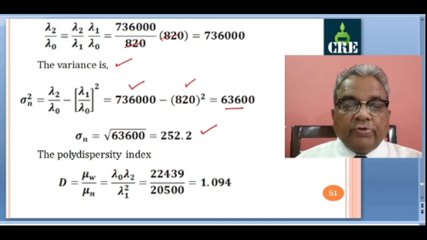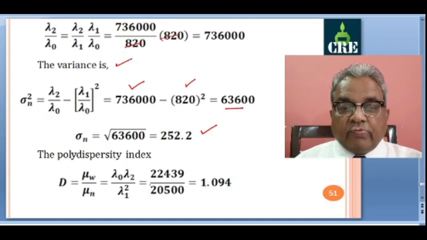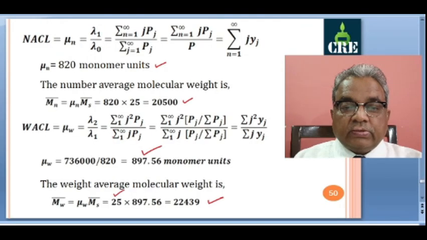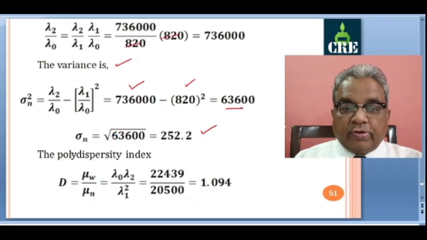The polydispersity index D, we know, is the ratio of mu w by mu n, which is lambda 0 into lambda 2 by lambda 1 square, as we have seen. So the weight average chain length we have found as 22,439 and the number average chain length as 20,500.